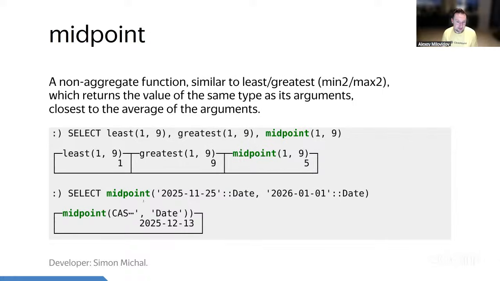So if the arguments are dates, it will just round to the closest date to the midpoint. And if you are wondering what is the midpoint date between now, November 25th, and the new year, it will be December 13th. Easy. Thanks, Simon Michal, for implementing this function.